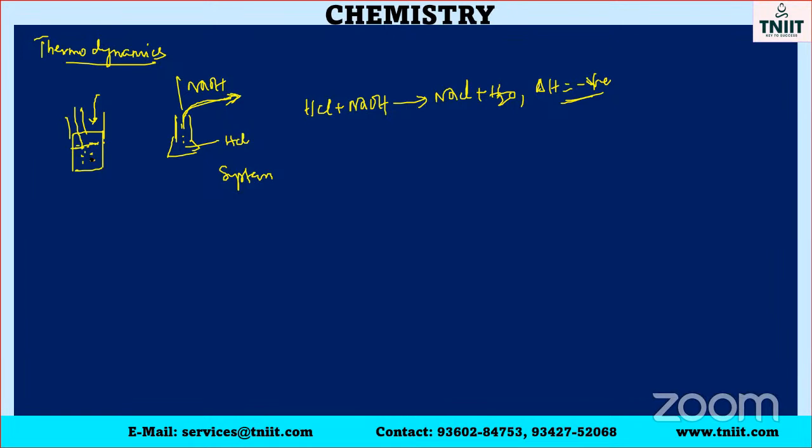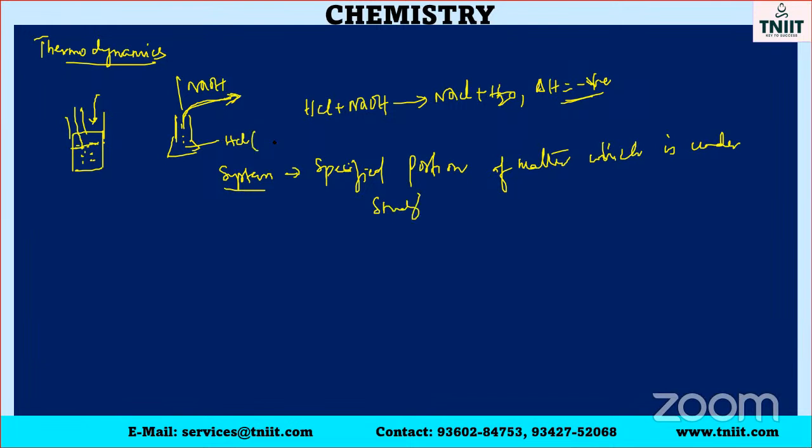So thermodynamics refers to a part of the universe which is under observation, and the remaining part of the universe constitutes the surroundings. I told you the system is defined as a specified portion of matter under study. Now we take 10 ml of HCl in the conical flask. This 10 ml of HCl in the conical flask will be called the system.